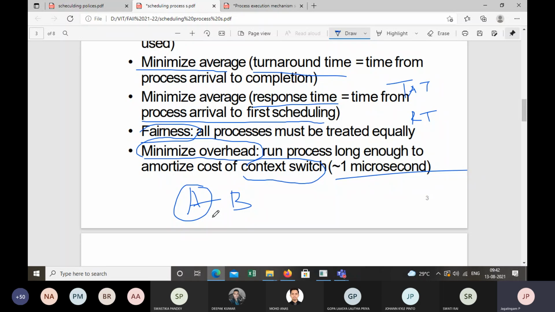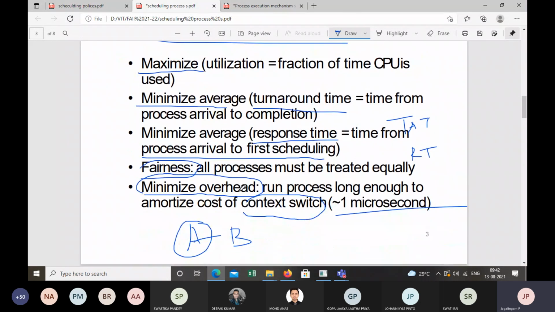And sir, what is the amortized cost when we are switching from A to B? Yeah, here the amortized cost is the time taken by the operating system to switch from process A to process B. So basically, it's time. Yeah, that's what I meant here by cost.